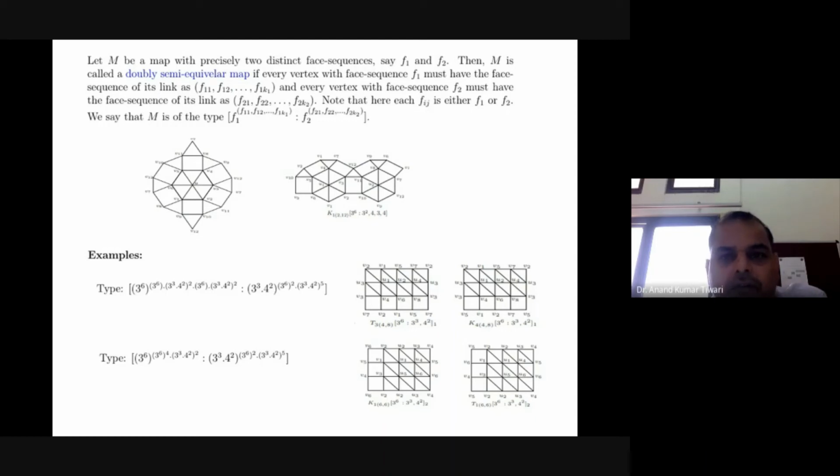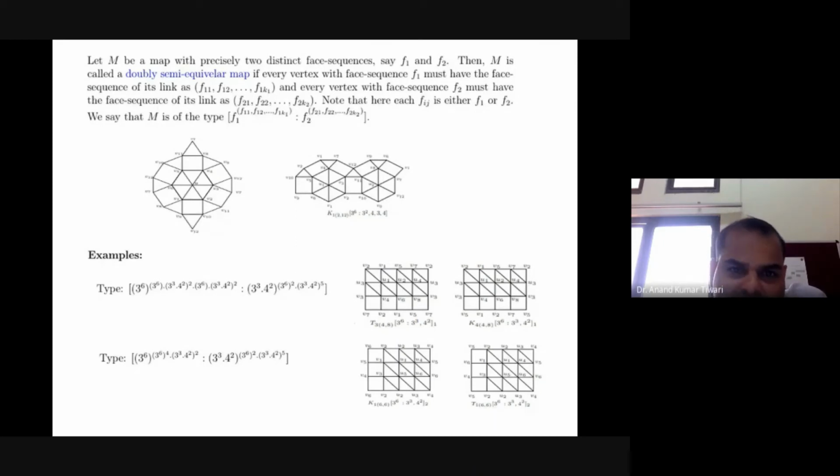So we say that a map is a doubly semi-regular map if every vertex with the phase sequence F1 must have the phase sequence of link of this expression, and every vertex with the phase sequence F2 must have the phase sequence of link of this expression. And of course, because the map has only two types of phase sequences, each Fij is either F1 or F2.